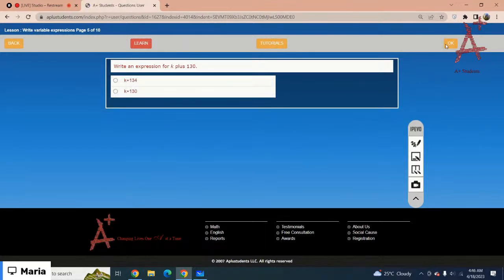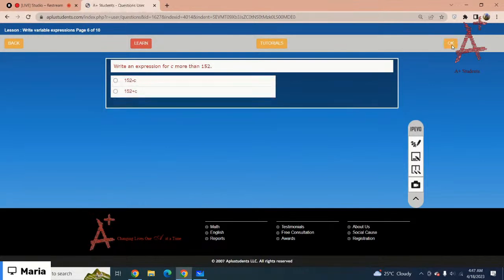Okay, write an expression for k plus 130. So which is the correct option? Plus means you have to add. So it would be k plus 130. The second option is the correct one. Got it?